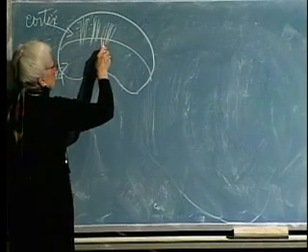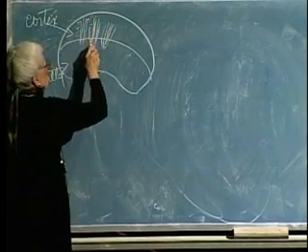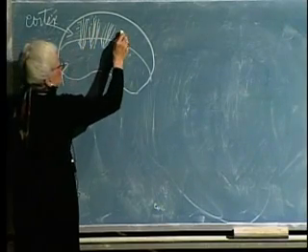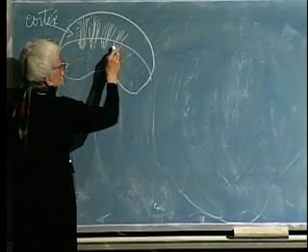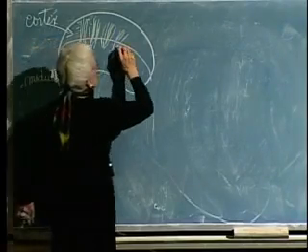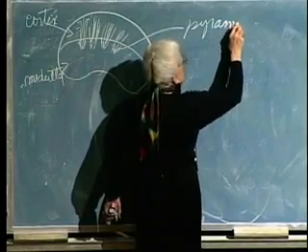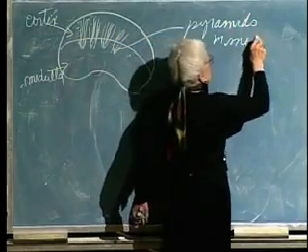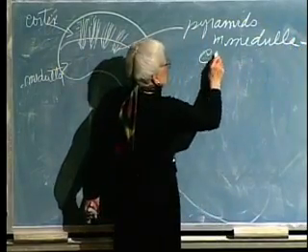And they come down into sort of a pyramid shape down here. So we speak about the pyramids of the kidneys. These are the pyramids in the medulla, and it's just their arrangement of collecting ducts.